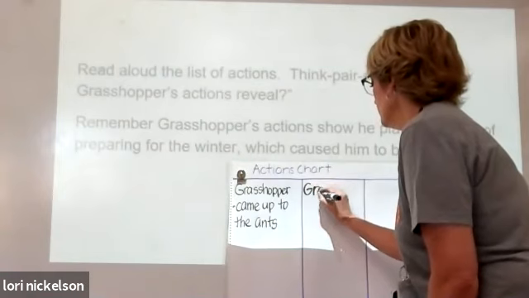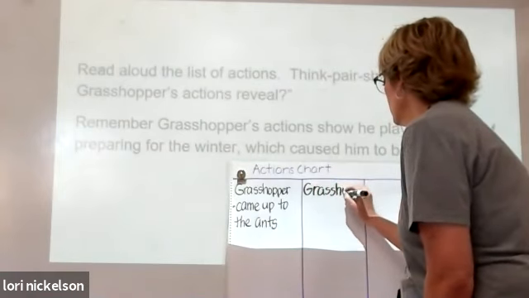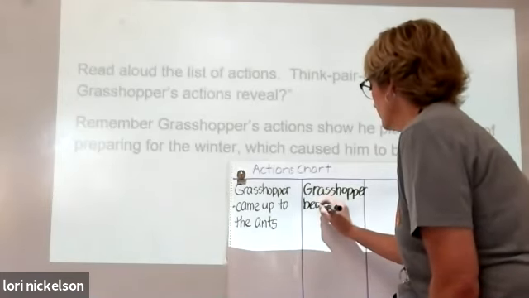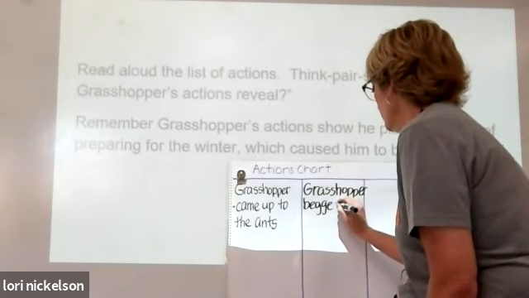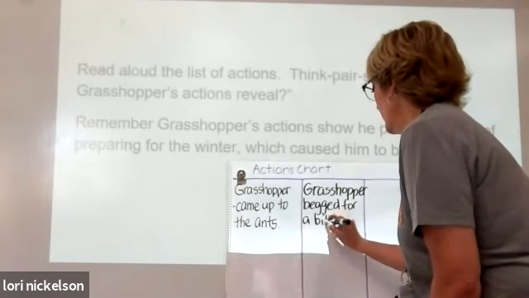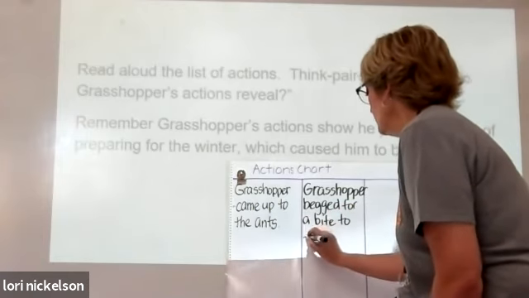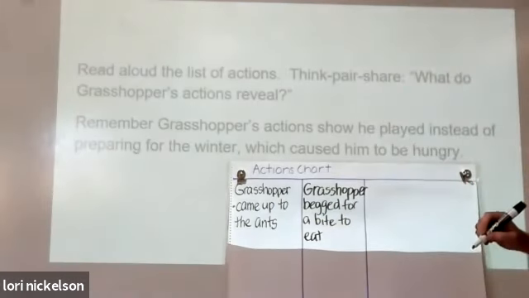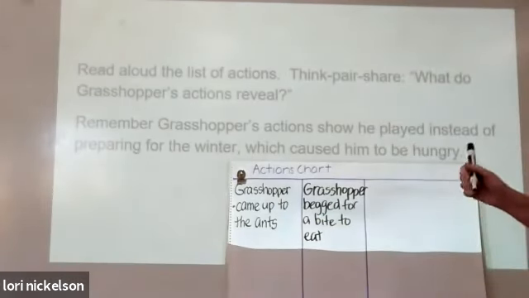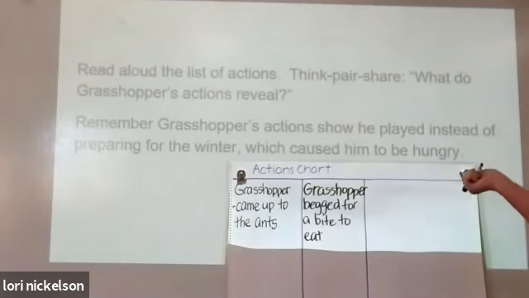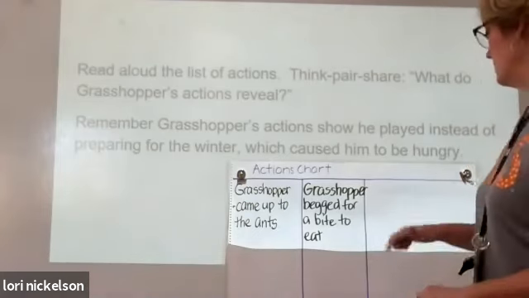Grasshopper begged for a bite to eat. Okay. So remember, Grasshopper's actions show that he played instead of preparing for winter, which caused him to be hungry, right? Okay. So let's move on.